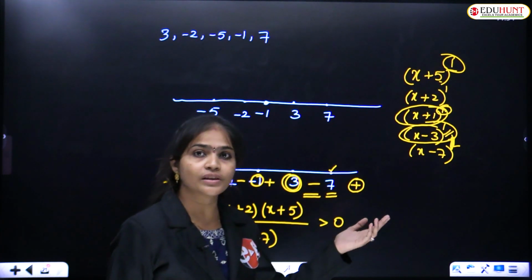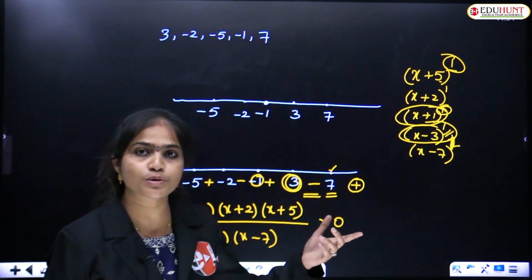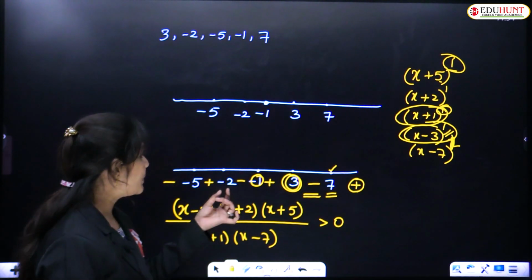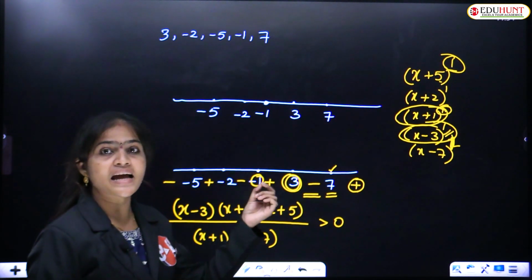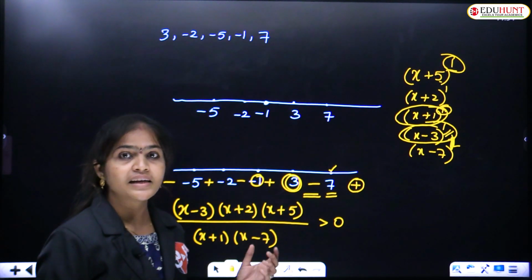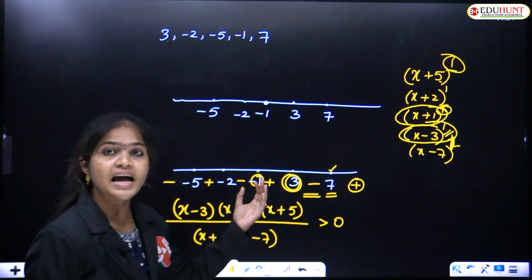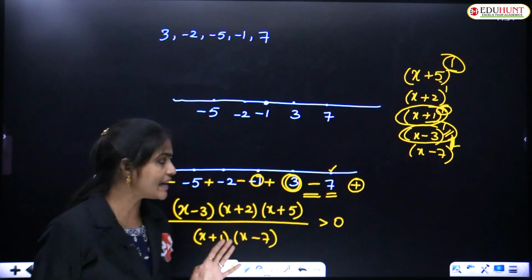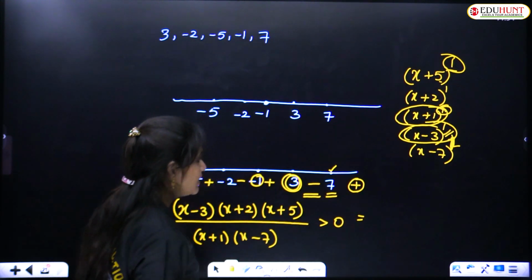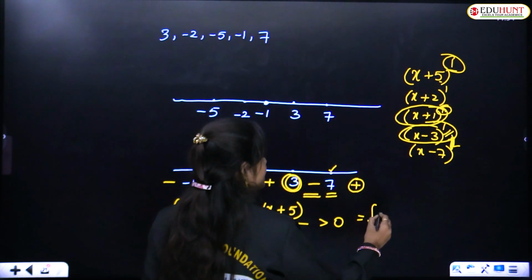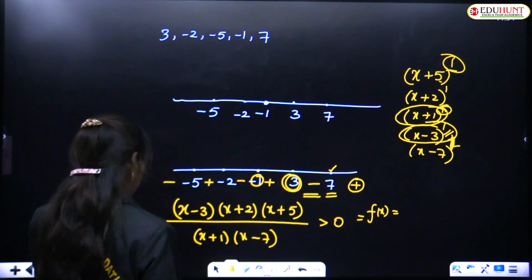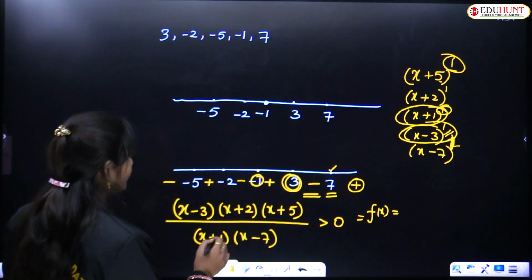I already told you previously, greater than 0 means which values? Positive values or negative values? Positive values. So in between which two numbers are we having positive sign? Those values we can write as intervals. Did you understand that? So here f of x greater than 0, we wrote, no?